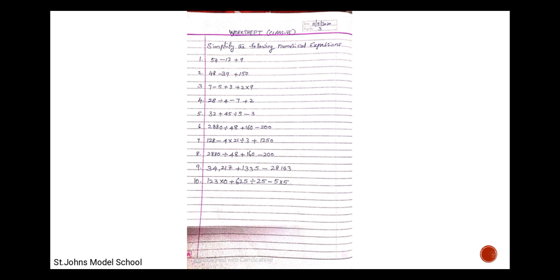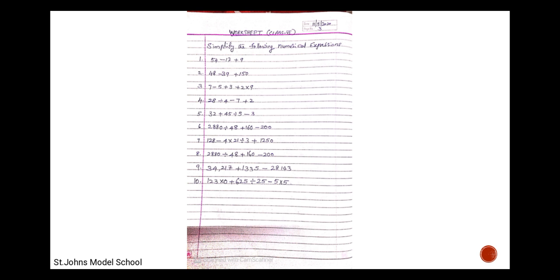Here we will do 2 into 9 first. Then 7 plus 3 plus this result, 2 into 9 is 18. Then after that, 5 has to be subtracted from that number. So this way you have to do the worksheet.